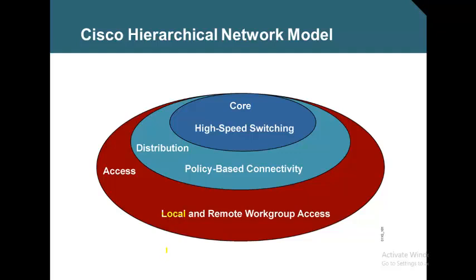Not only that, if you are working from home, to this layer, you do VPN. This is where you have layer 2 devices, switches. A lot of switches with multiple VLANs and spanning tree running in this layer.